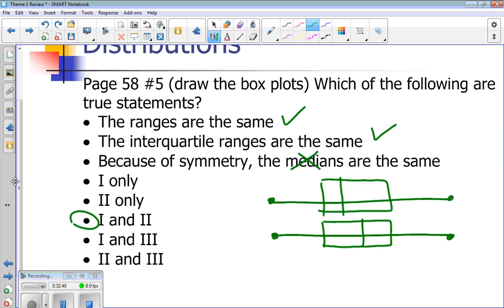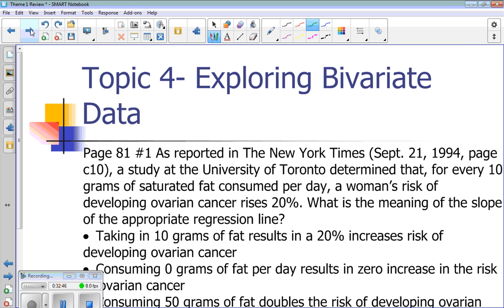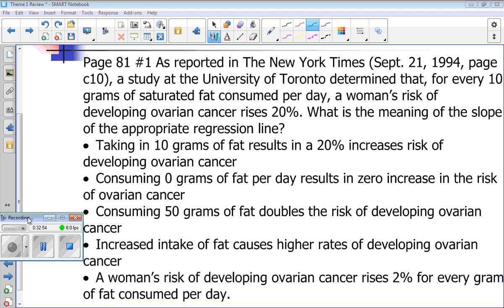Yay. All right. Okay. Topic 4. Let's see how we did here. So I think we're back to looking at things that maybe you could have answered. On this one, I got E. This is basically interpreting the slope, isn't it?